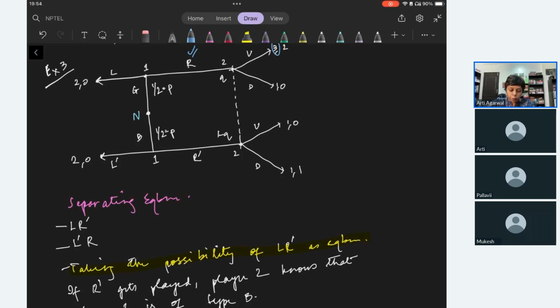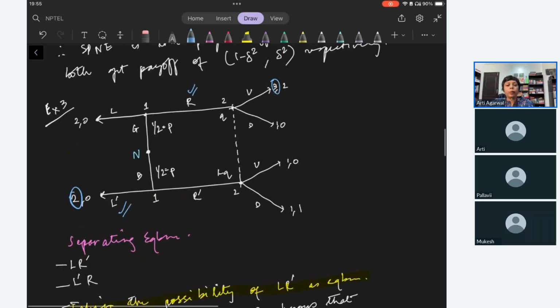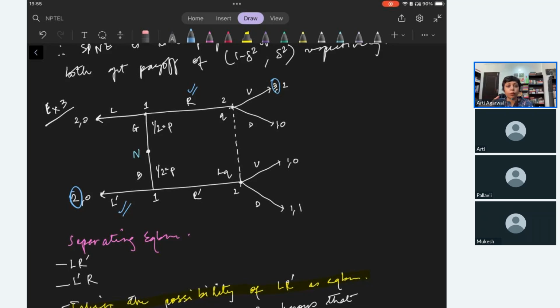So he is going to choose L prime because here the payoff is 2, right? So we cannot have L prime as an equilibrium because in the first part of the continuation game, he is choosing a strategy R, not L. That is for the case when player 2 is choosing U.